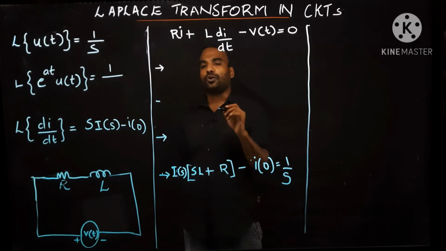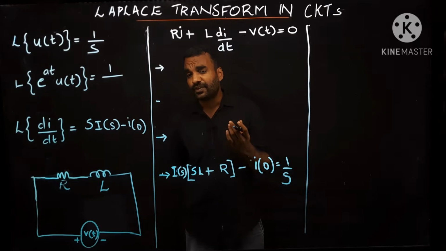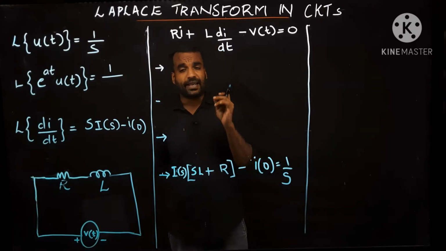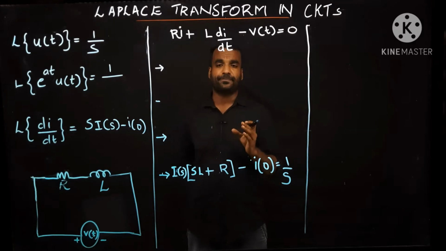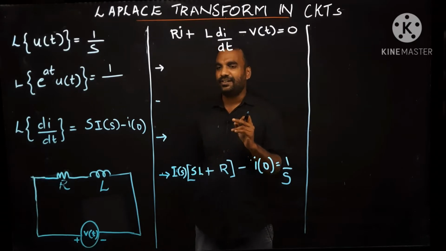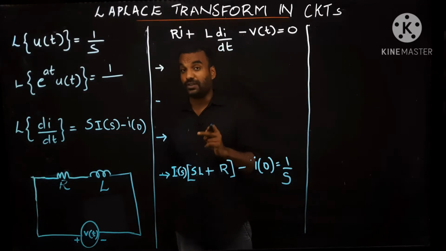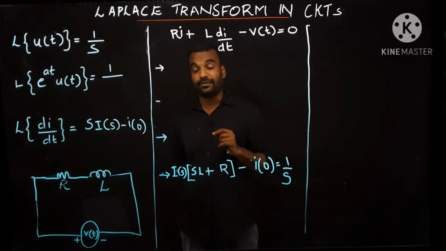In a switching problem, generally for an RL circuit or RC circuit, we apply KVL and we will get a first order or second order ordinary differential equation. If it is RL or RC, what equation will we get? It will definitely be a first order differential equation because there is only one memory element.